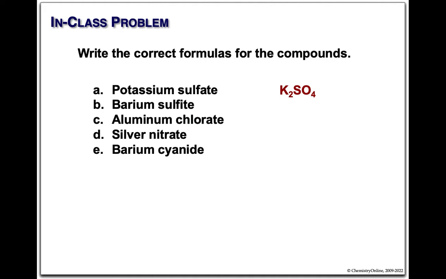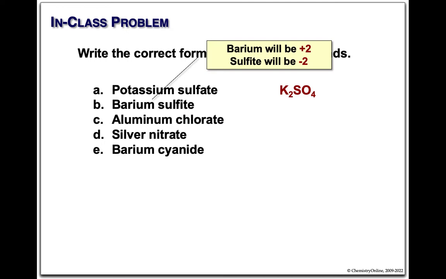Barium is group 2, it'll be a +2. Sulfite is sulfate -1 oxygen, but it's still -2. 1 barium, 1 sulfite.